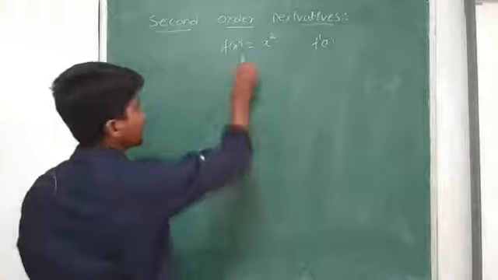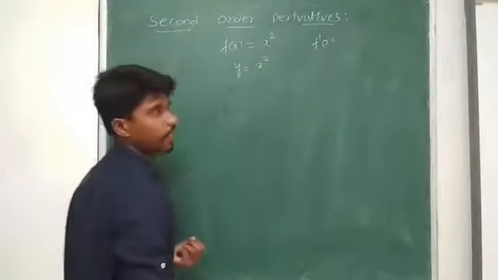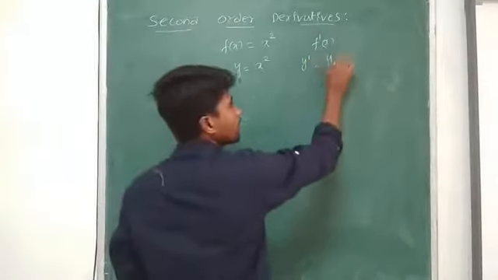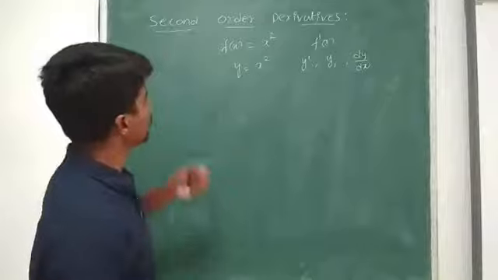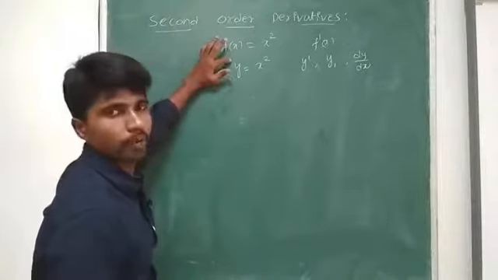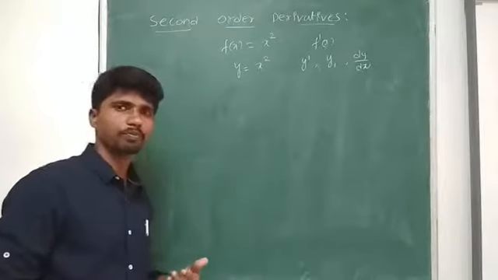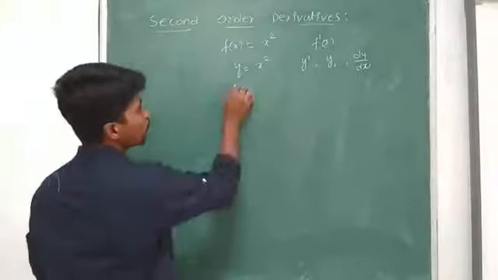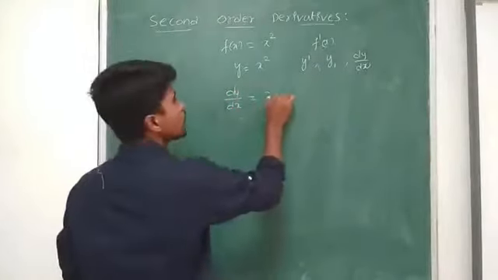If I consider the function as y is equal to x square, we can write its derivative as y dash or y1 or dy by dx. Now the function is y is equal to x square, and I want to find its double derivative, nothing but the second derivative. So I first find its first derivative: dy by dx is equal to 2x.